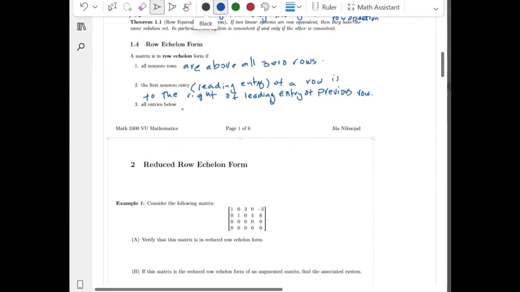And finally, all entries below a leading entry should be zero.